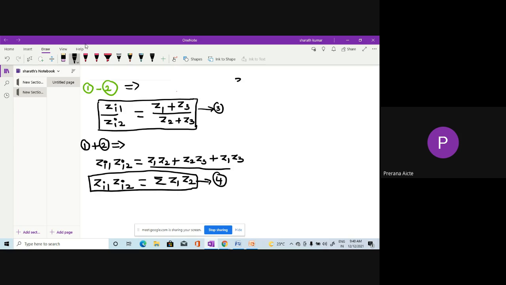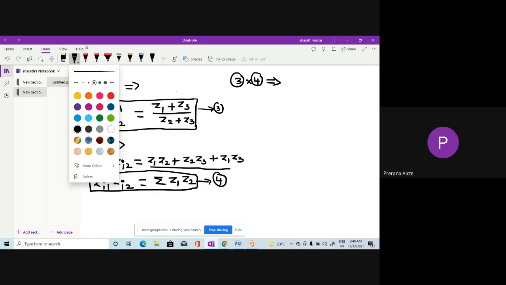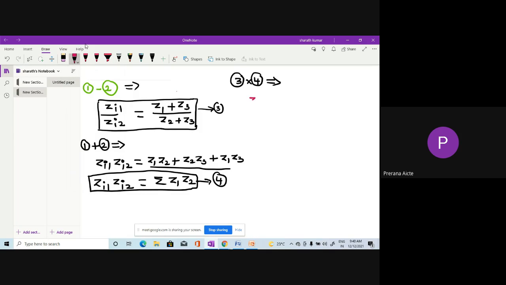So perform equation 3 into equation 4. What is equation 3?